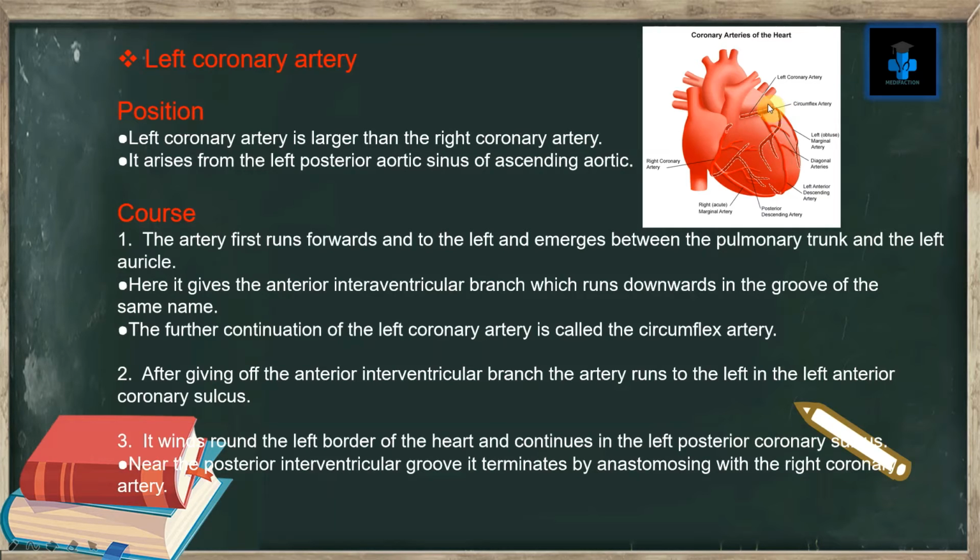After giving off the anterior interventricular branch, the artery runs to the left in the left anterior coronary sulcus. Number 3. It winds round the left border of the heart and continues in the left posterior coronary sulcus. Near the posterior interventricular groove, it terminates by anastomosing with the right coronary artery.